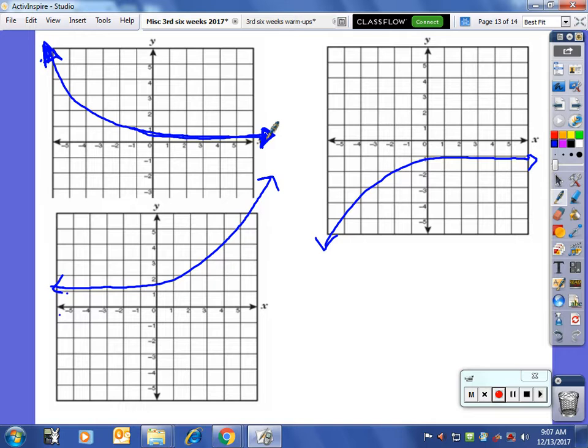Okay, it's some new vocabulary here. If a graph approaches a line but never crosses it, that's called an asymptote. And they might put that vocabulary out there, so I want you to recognize what that means.